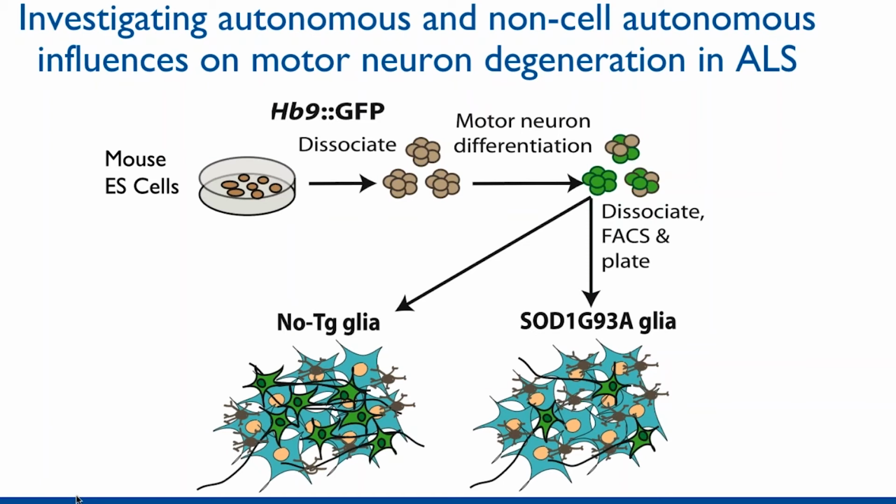And what that allowed him to do was to make purified preparations of flow-sorted motor neurons based on their GFP fluorescence, and then plate them into different culture conditions and to assess their differential survival, with the hopes that we could make a model that we could study and begin to take apart some of the pathways that might lead to differential biology between healthy motor neurons made from stem cells and those from these ALS mouse models.